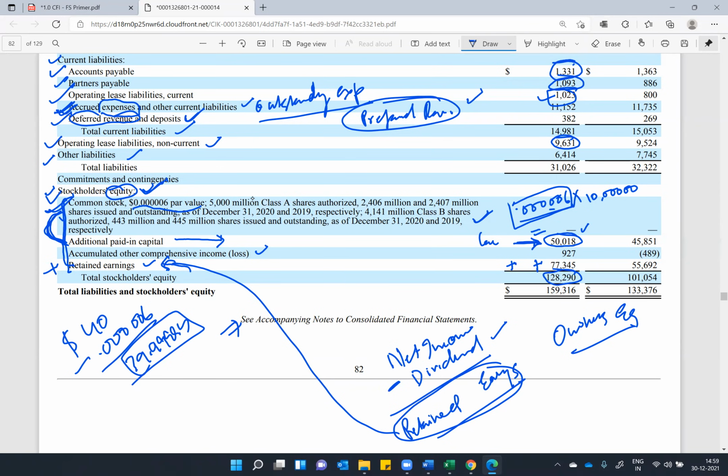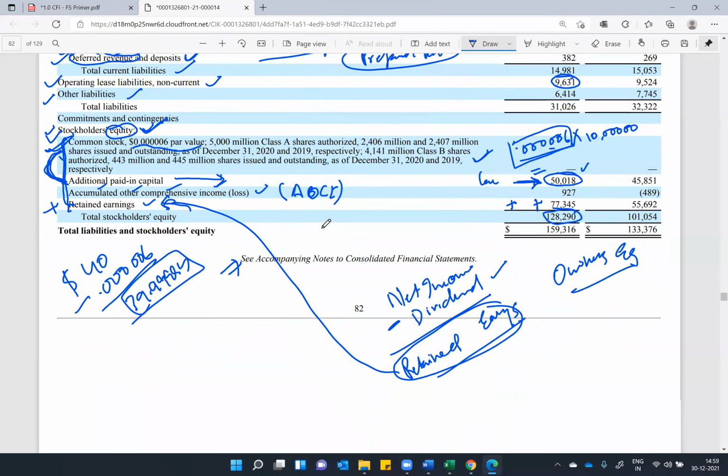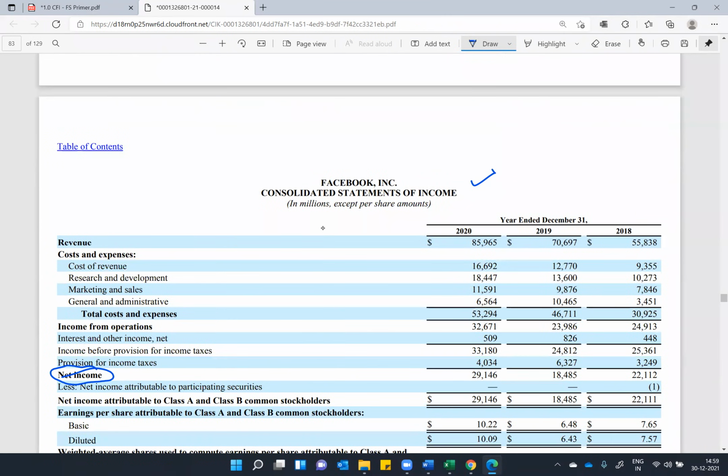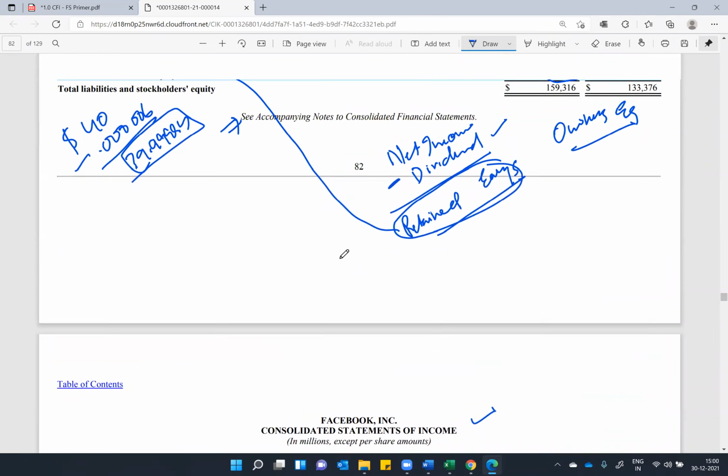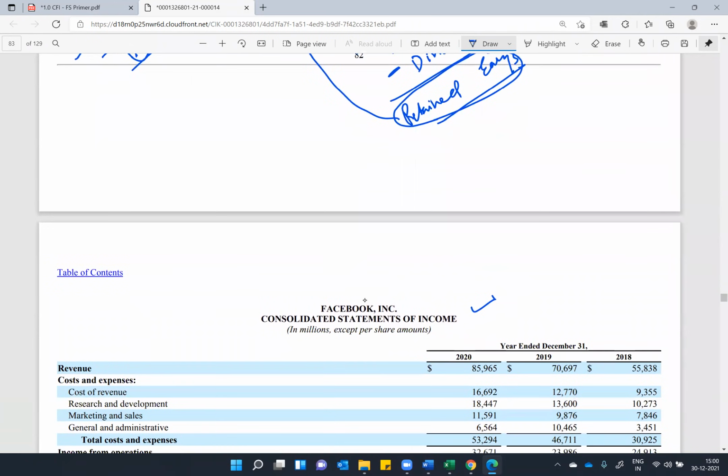There is something called accumulated other comprehensive income. We also call it AOCI, right? There are certain parts of profit that you do not put into the statement of income because, from an accounting standpoint, they cannot be part of your income statement.